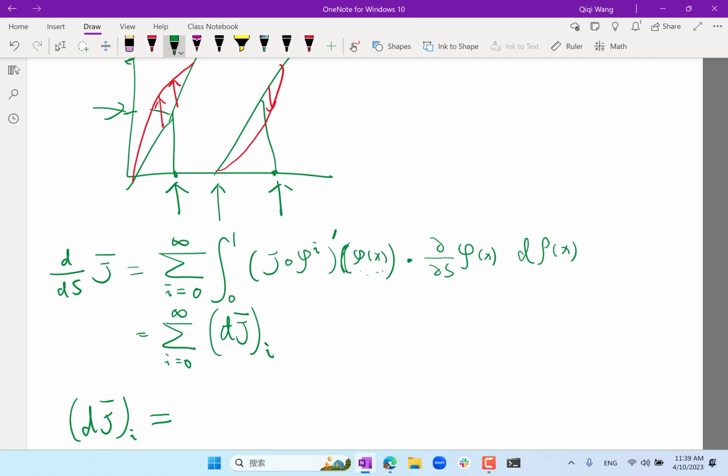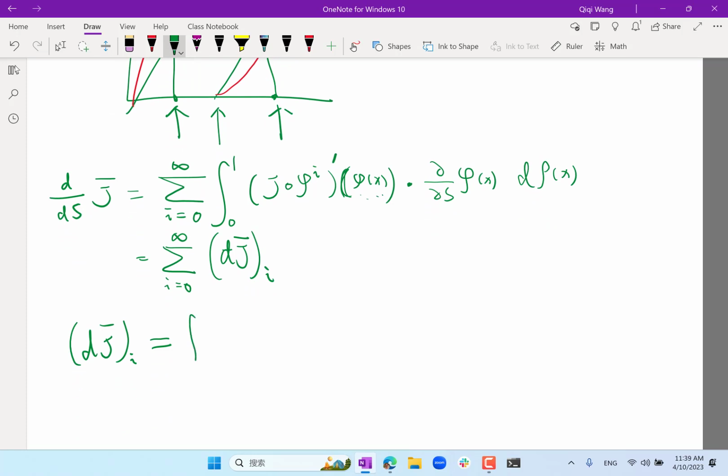Phi x would go from 0 to 1 and then go back from 0 to 1 again. So I want to split the integral into two parts so that I can do a change of variable easily. I'm going to be integrating x from 0 to half. That's the first time phi of x goes from 0 to 1.